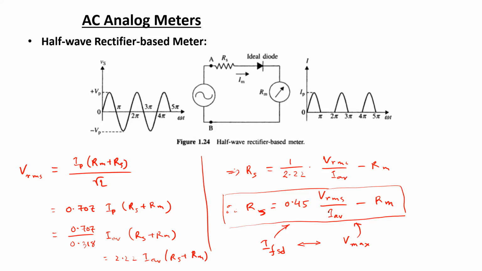We can put these two values into this equation instead of Vrms and IAV, and Rm is fixed for a particular coil. Then later on we can calculate what should be the required value of the multiplier resistor Rs to ensure that this amount of voltage can be measured using a particular PMMC coil.